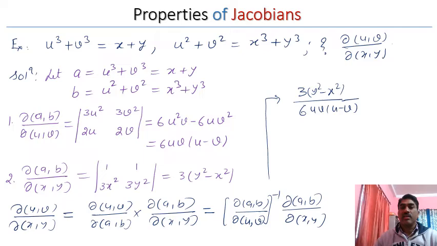So 3 cancels 6 two times, and finally we get the answer. Our Jacobian of uv with respect to x and y is equal to (y square minus x square) divided by 2uv(u minus v).